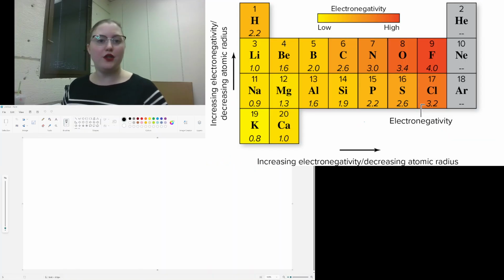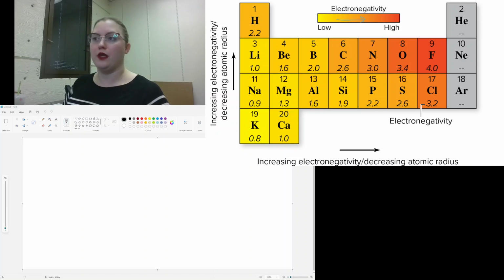I mentioned earlier that oxygen is electronegative. Electronegativity is how likely an element is to make a polar covalent bond. If we look here, our scale goes from this yellow color to this red color, from low to high.